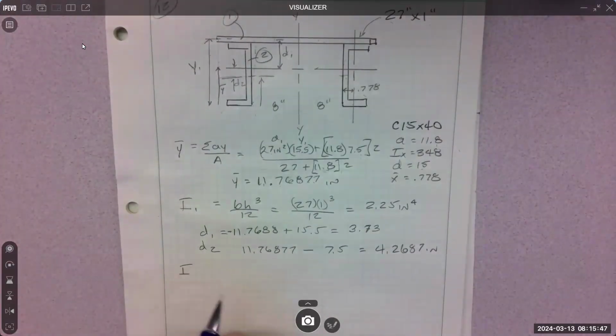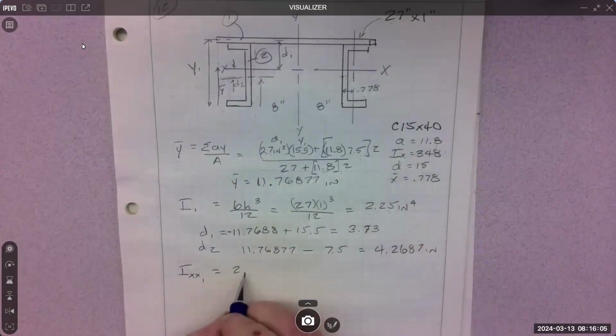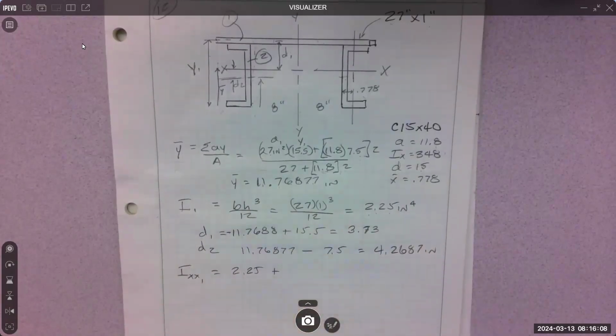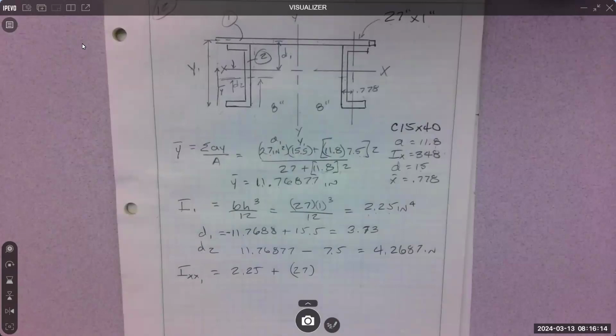Transferring the first one, with some notation saying where I'm going with it, Ixx of the first shape is the inertia of the first shape, 2.25, plus the area of the first shape, that's 27, times the D distance for the first shape, 3.73, squared. Inertia about its own shape plus A D squared.